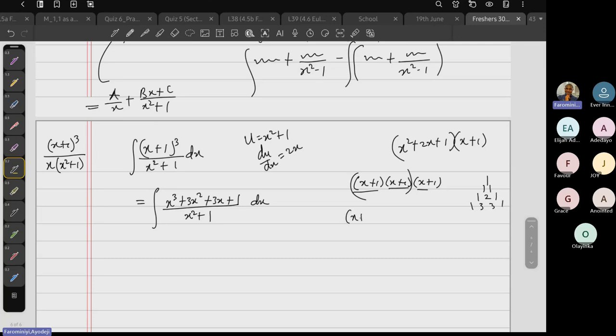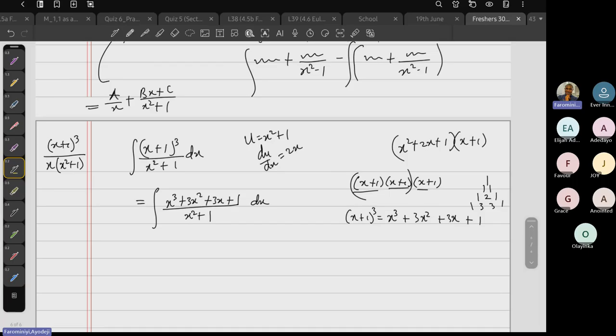So x plus 1 cubed is x cubed plus 3x squared plus 3x plus 1, using 1, 3, 3, 1. And that is why we have the numerator as this.